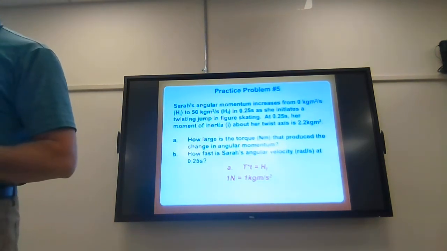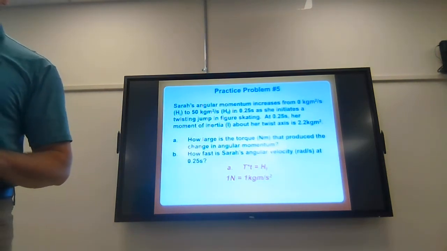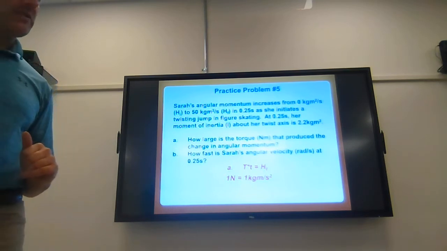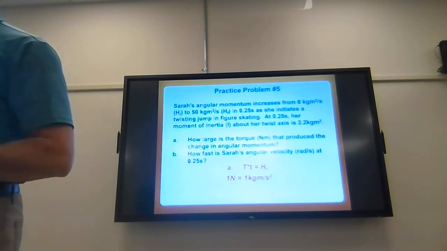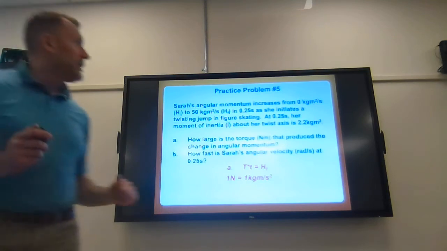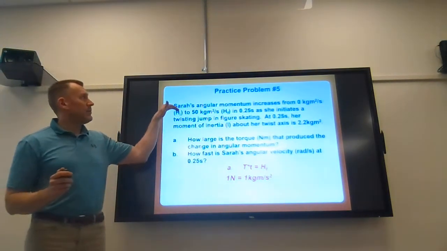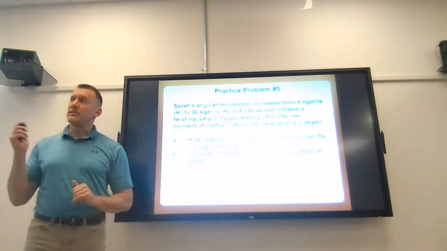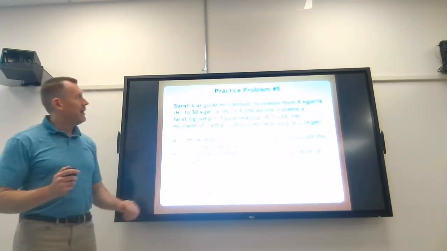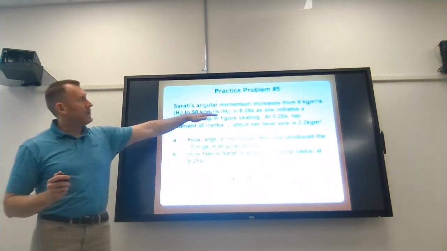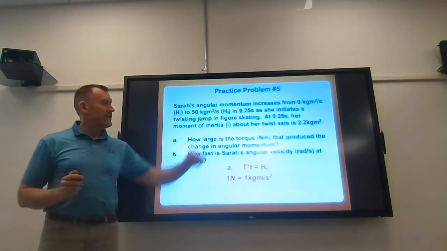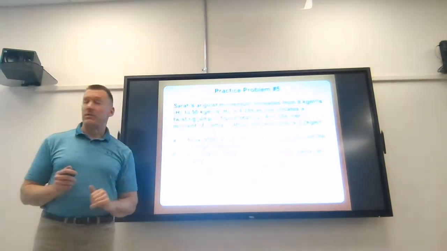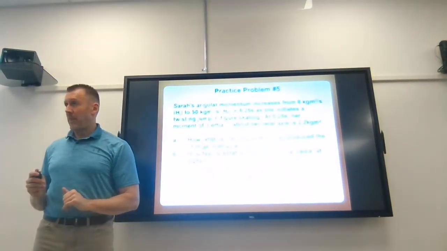A net torque applied over a time interval equals a change in angular momentum. Because our initial angular momentum is equal to 0, so she's not spinning yet, the only relevant factor would be her angular momentum at 0.25 seconds.